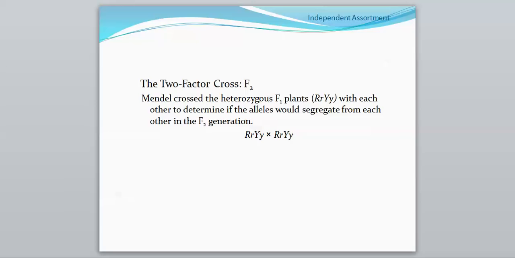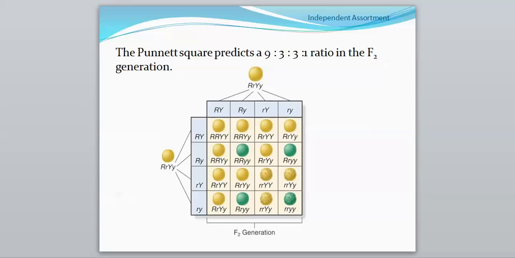So now our next cross is going to be big R, little r, big Y, little y, crossed with big R, little r, big Y, little y. And this is our Punnett square that we would expect to see, and it's going to predict a 9:3:3:1 ratio in our F2 generation.